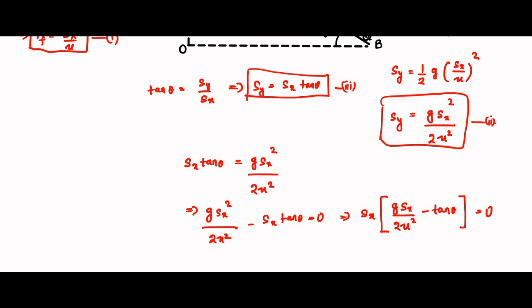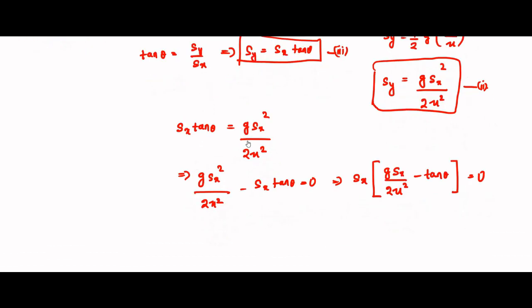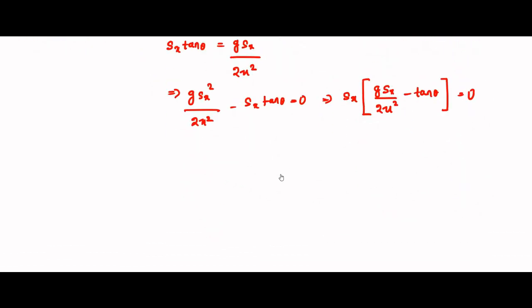So from the diagram, it is clear that Sx is not equal to 0. So g Sx by 2u square minus tan theta is equal to 0.